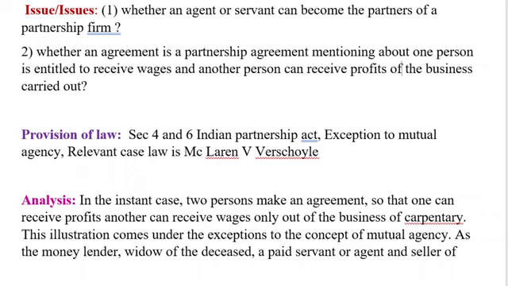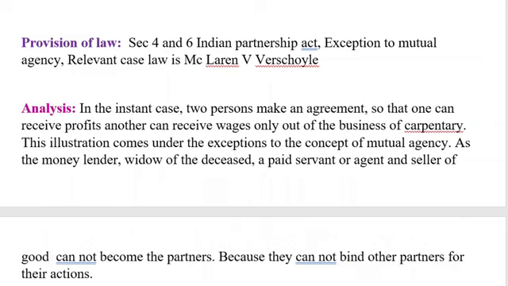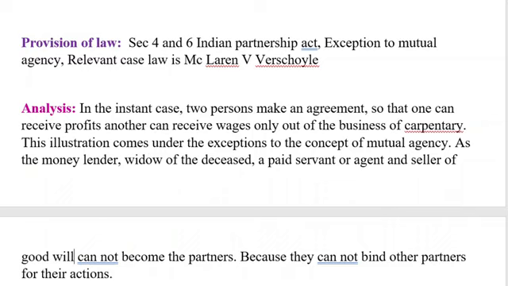This illustration comes under the exceptions to the concept of mutual agency, as the moneylender, widow of the deceased, a paid servant or agent, and seller of a goodwill cannot become the partners. Here you have to take it as a seller of a goodwill. They cannot become the partners because they cannot bind the other partners for their actions.